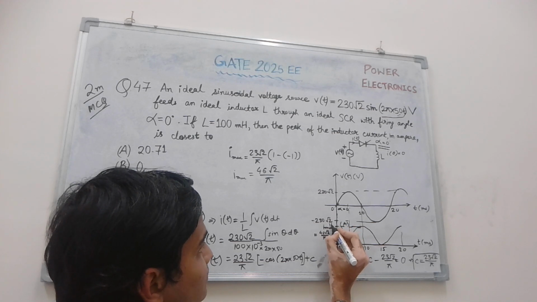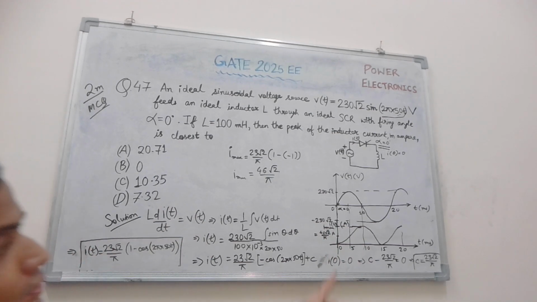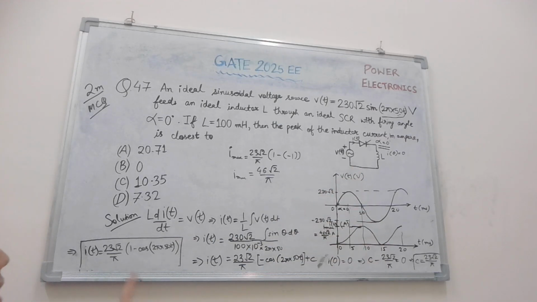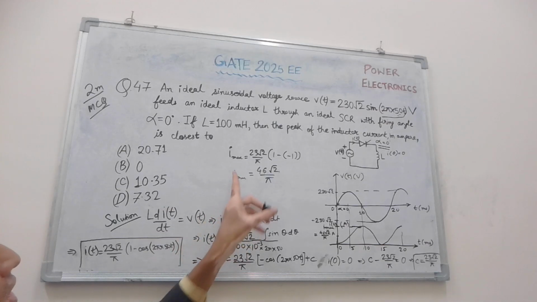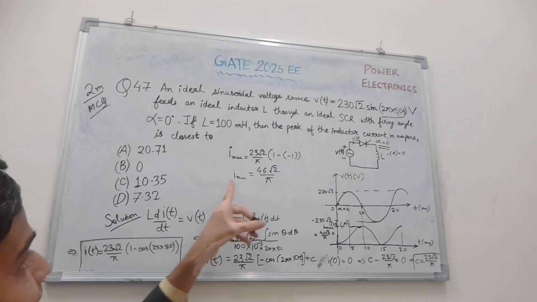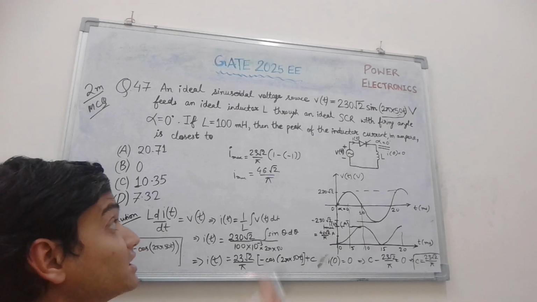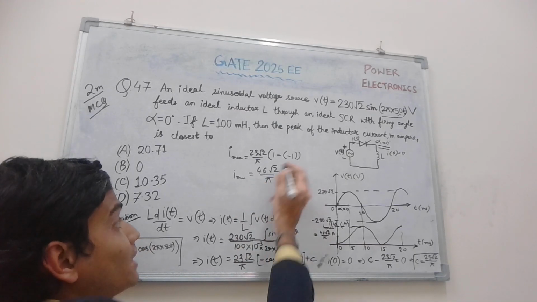This is I of t. If you draw the graph, it will be somewhat like this for the inductor current, with the expression 230 root 2 by pi into 1 minus cos 2 pi into 50t. Using this, we find the peak value of the inductor current as 460 root 2 by pi amperes.